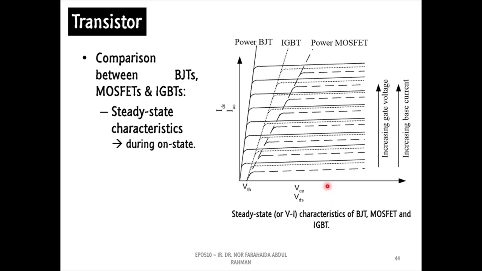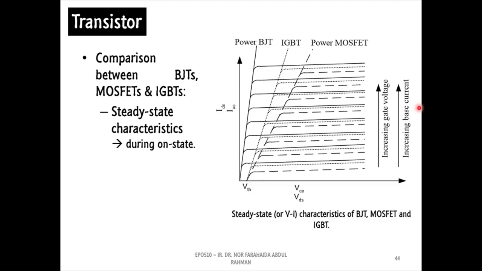To work as a power switch, BJT must work in this region, and for the IGBT, it is this region, and for the MOSFET, it's referring to this region. In this region, as you can see here, the conducted current increases with the increase of gate signal.